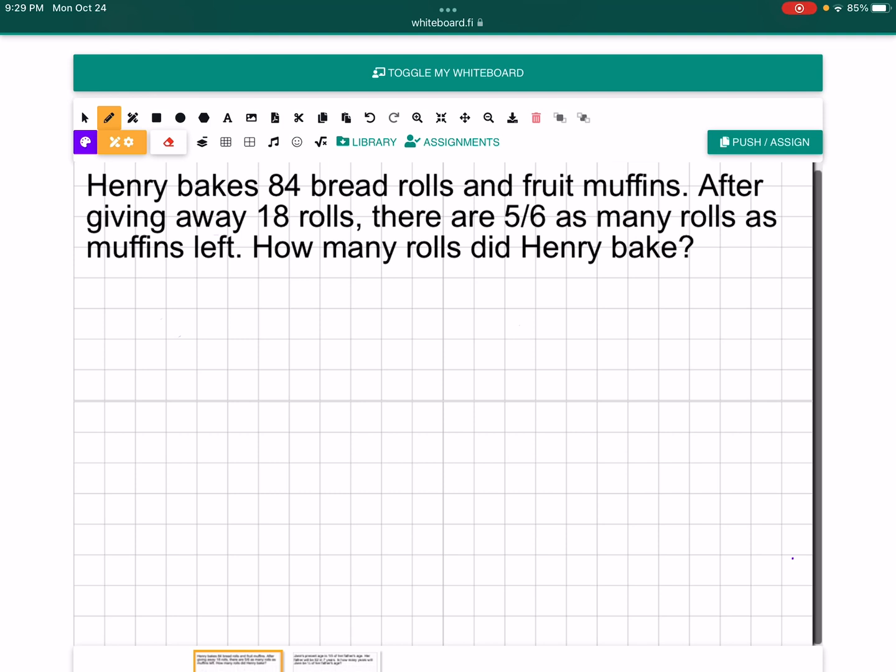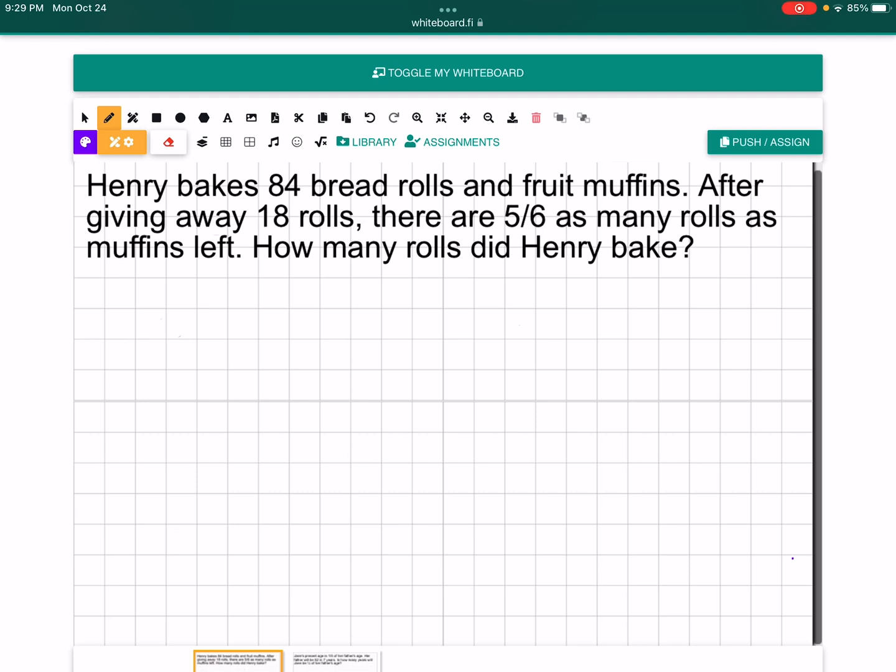So what I want you to do is picture this man named Henry who's a baker, and he's got two huge trays, one containing rolls and one containing fruit muffins. And he had done all this baking, right? And he had rolls that were maybe too many for the tray. And so he gave away 18 of them. And now there are still these two trays, one of muffins and one of rolls.